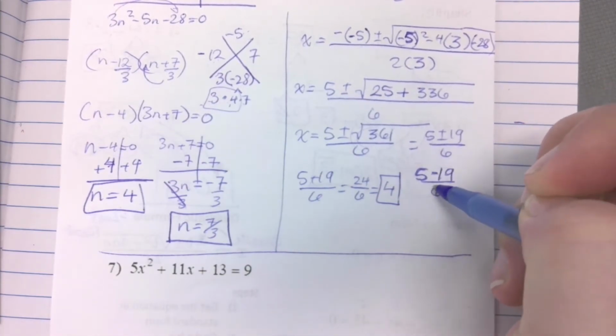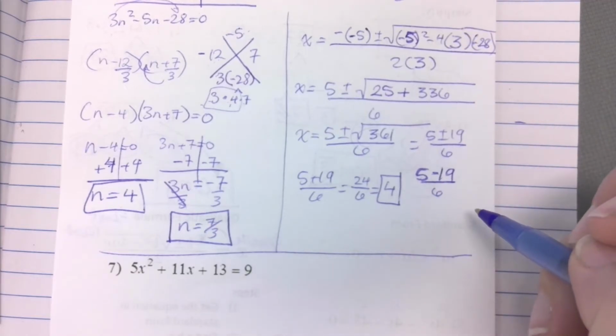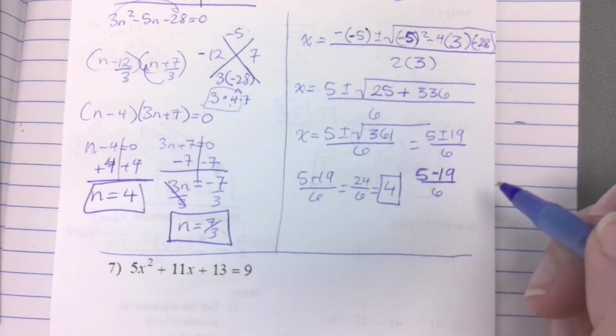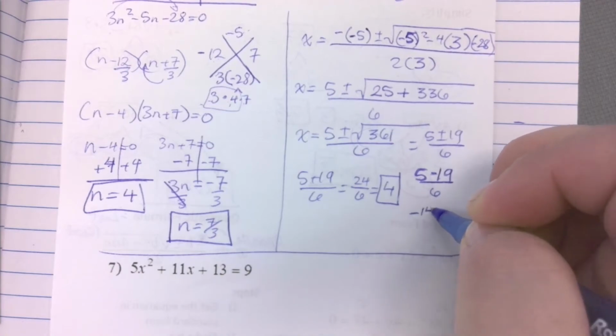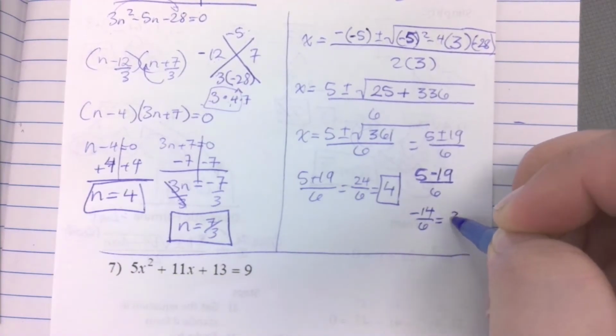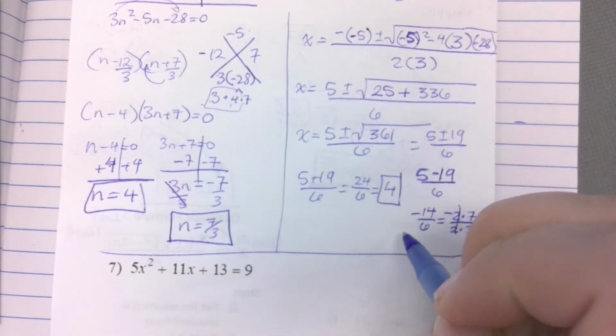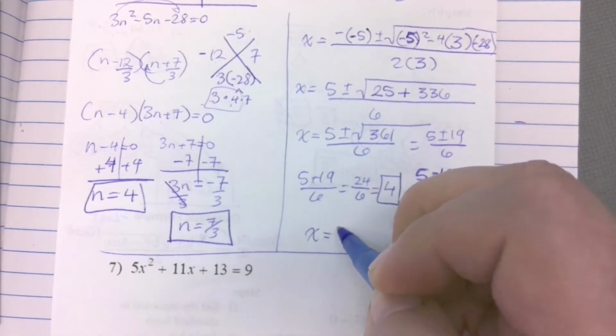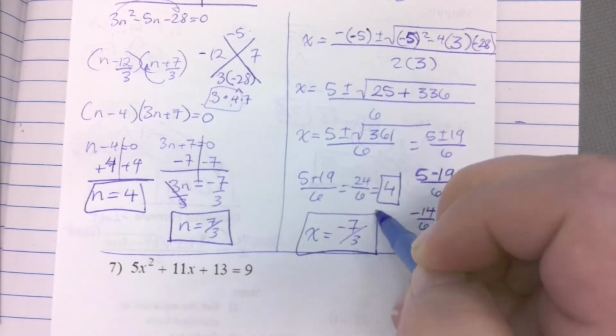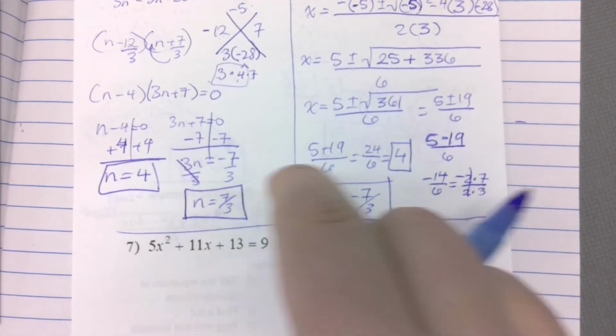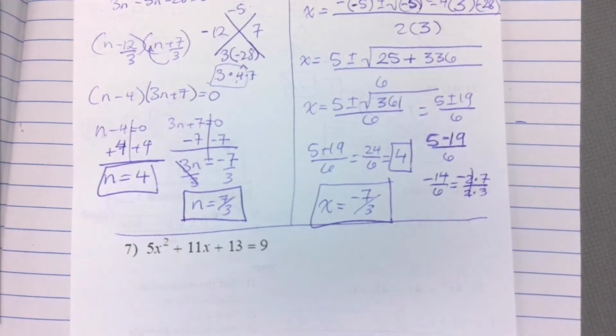Or 5 take away 19? Negative 14 divided by 6. I can take a 2 out of both of those. And I get negative 7 over 3. So you're going to get the same answer no matter which way you do it, as long as you don't mess up your math.